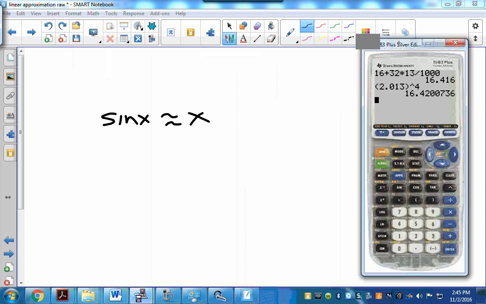Now let's see, if I want the sine of, let me pick an angle like 0.025, and I get that. Is that about close? Yeah, it's pretty close. By the way, this approximation is only in radians. All trig stuff is in radians.